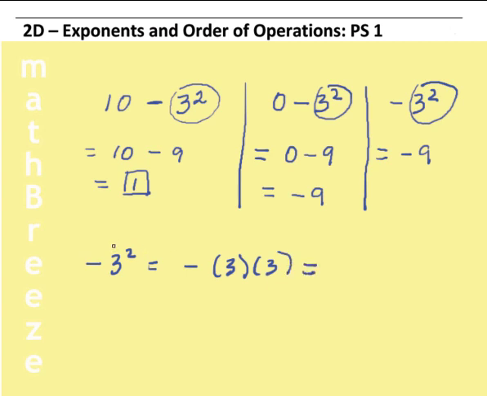The square applies to the 3 alone, not to the minus symbol in front. So we get minus 9. If we want to square minus 3, then we need to use parentheses. So minus 3 in parentheses squared is equal to minus 3 times minus 3, which is positive 9.